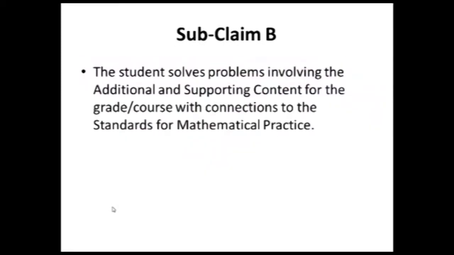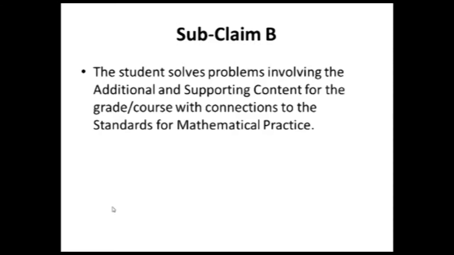Subclaim B also involves mathematical content, but it's called additional and supporting content. So that's content that really goes hand in glove with the subclaim A material. As you look at subclaim B, it's less important, if you will, but it also is content that gives more meaning and maybe more depth to what's going on.